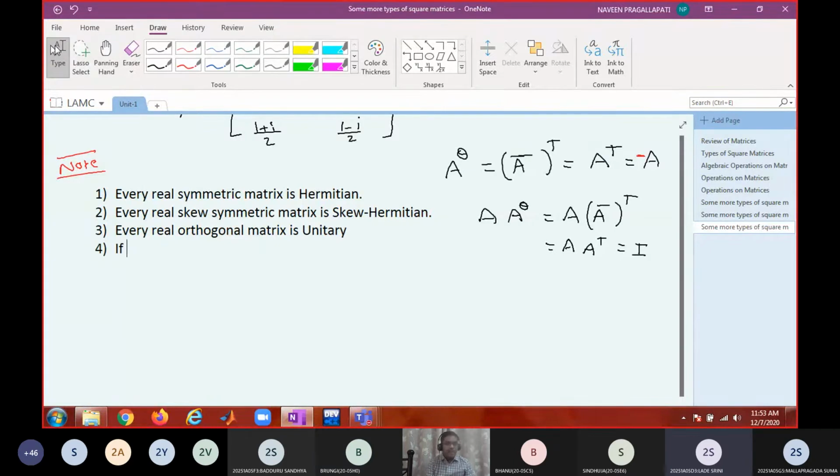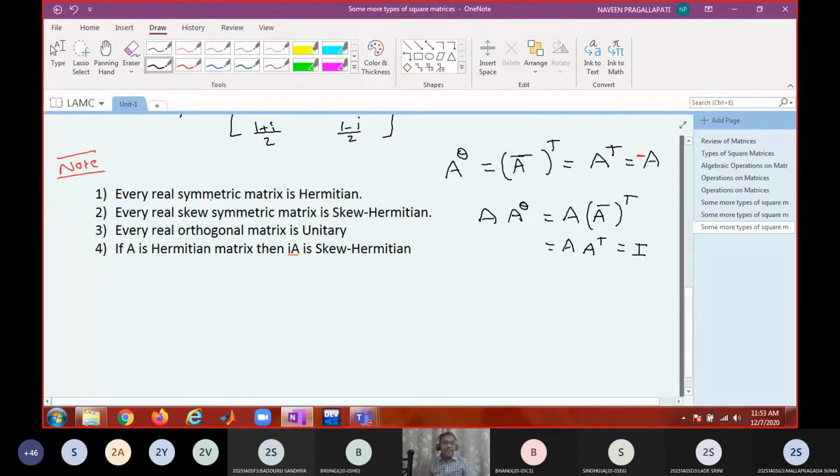If A is Hermitian, then what can you say about iA? I into A? If A is Hermitian, can I say that iA is skew Hermitian? Just check.